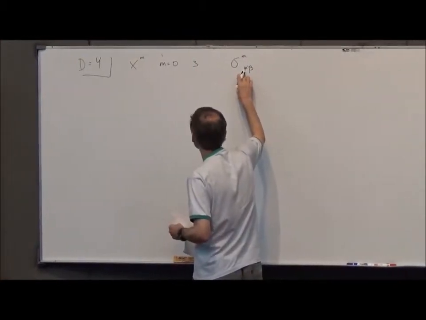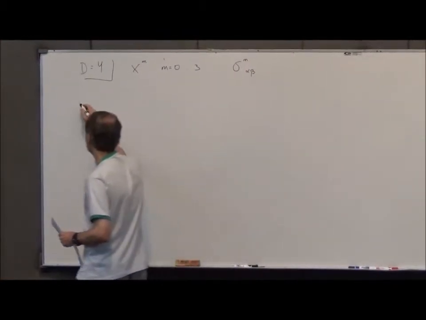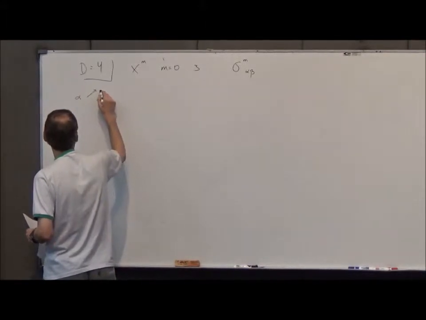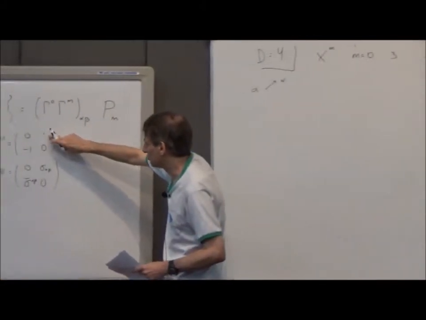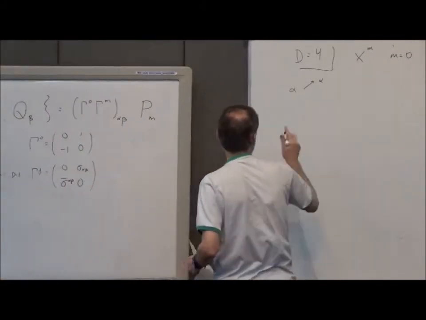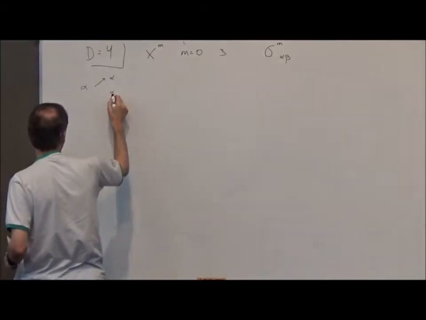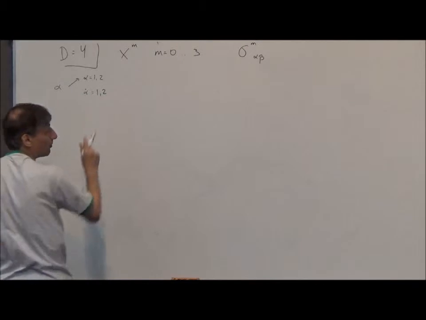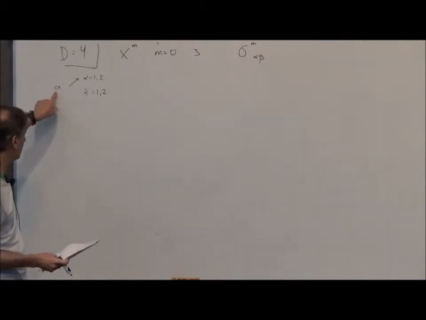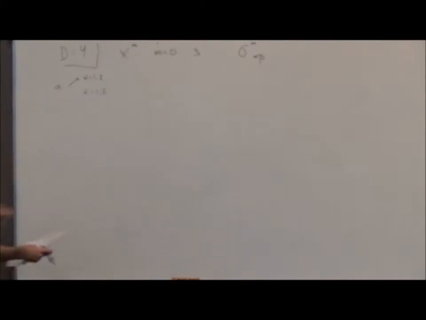In this case, we're going to split the alphas. In 4 dimensions, there are 4 different components, so there are 2 here and 2 here, which are the 2 different chiralities. We'll call them alpha and alpha dot, each going from 1 to 2. This is 2-component notation, which is convenient. Of course, you could use the 4-component notation, but then you would have to use the full 4x4 gamma matrix instead of the 2x2 Pauli matrix.